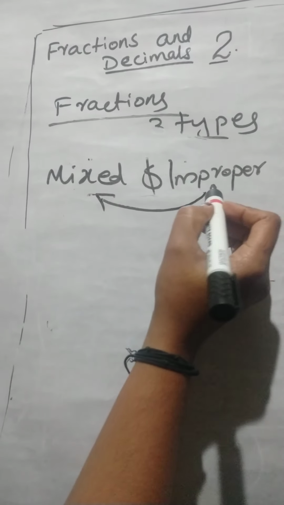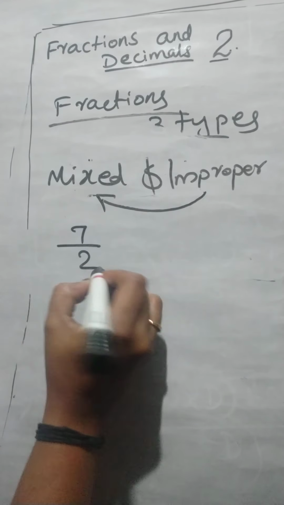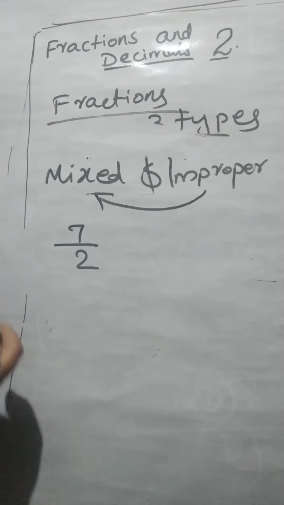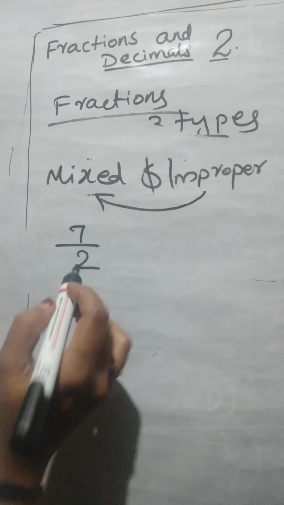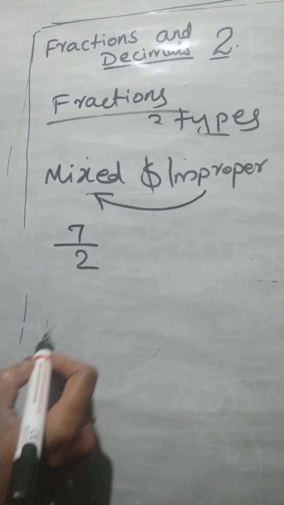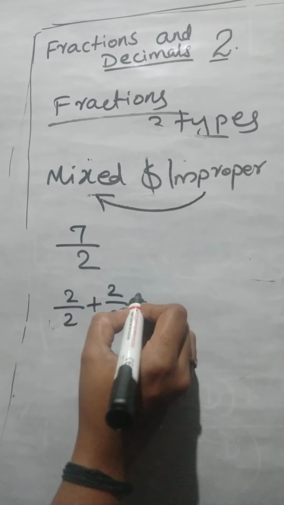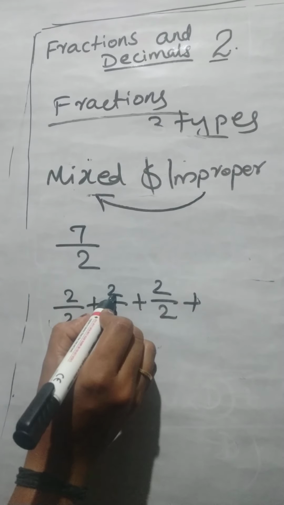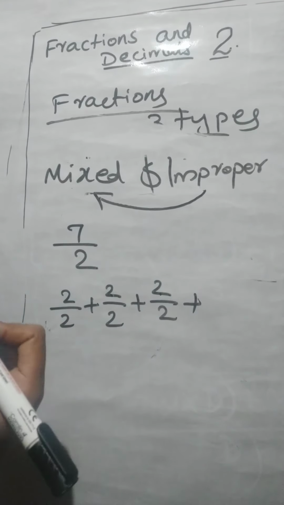Now we are checking how can we change improper into mixed. One example, 7 upon 2. This is an improper fraction. How can we change this into a mixed fraction? Here 2 upon 2. How many times can we write there? 2 upon 2, again 2 upon 2, again 2 upon 2. 2 plus 2, 4. 4 plus 2, 6. Again 2, that will come as 8.